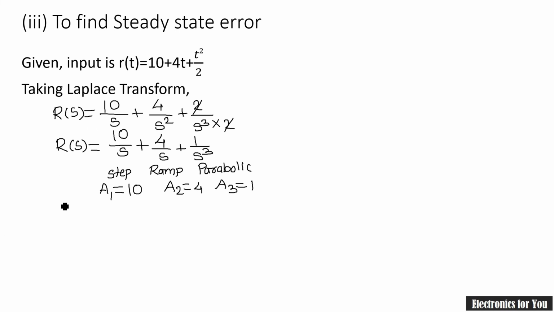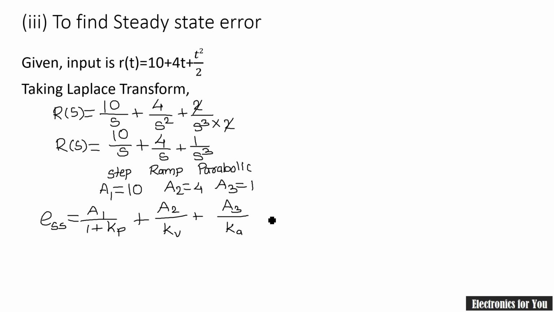Putting these values in the formula, ESS will be the addition of all these three, that is a1 over 1 plus Kp for the step signal. For the ramp signal it is a2 divided by Kv, and for the parabolic signal it is a3 divided by Ka.